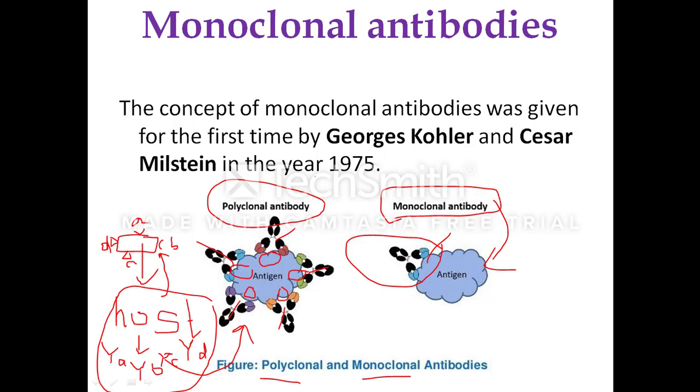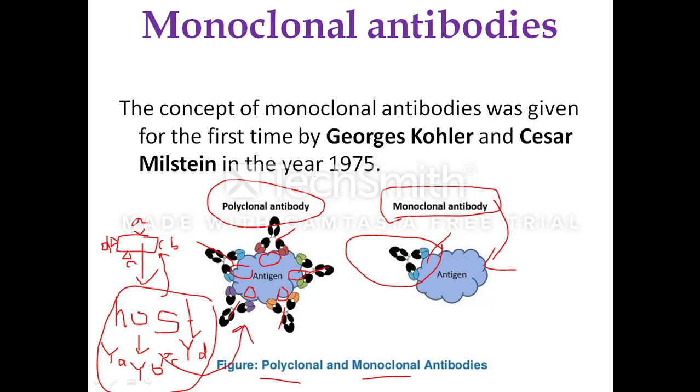They are several copies of the same parent cell. Example, the tumor cell of a specific region, say plasma cells, are monoclonal and thus have the ability to produce antibodies of the same specificity. So the monoclonal antibodies will be having the same specificity in a population of cells.